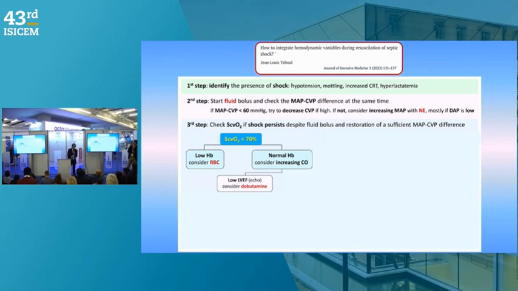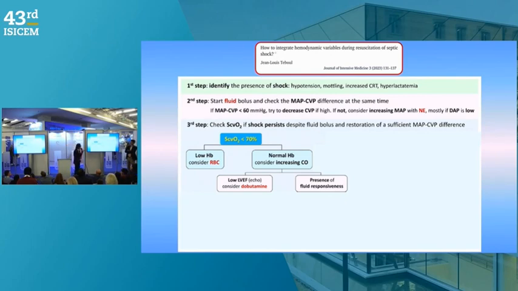I told you that you have to perform as soon as possible echocardiography, at least to eliminate low contractility and the need of an inotropic drug, for example dobutamine, or it could be a problem of preload, but at that stage, not at the earlier stage, you need to assess preload responsiveness, because we know that after some time the patient can be preload unresponsive.